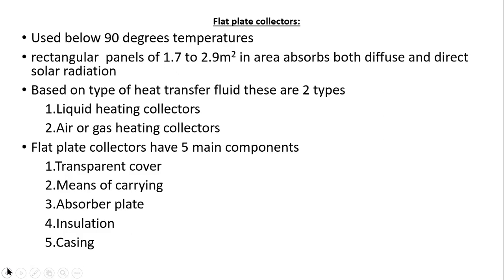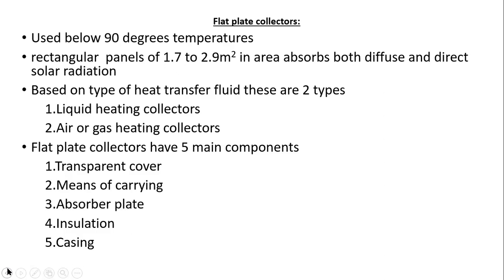The first one is liquid heating collectors. These are used for heating water and non-freezing aqueous solutions, and occasionally for non-aqueous heat transfer fluids, but they are mainly used for heating water.